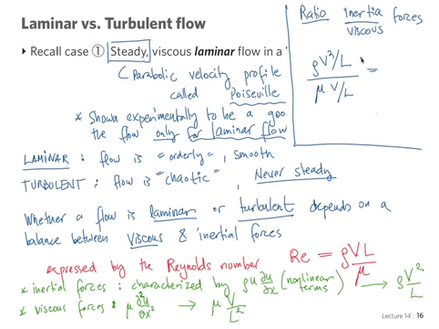So this is what the Reynolds number represents, this ratio between inertial and viscous forces, rho V L over mu.